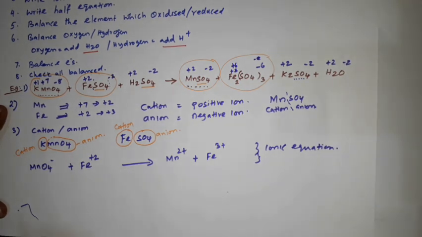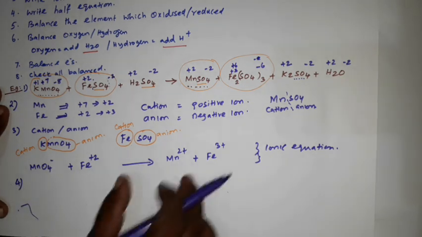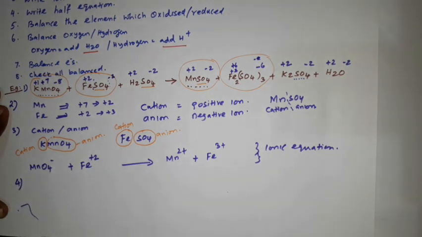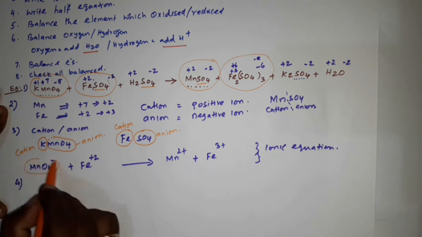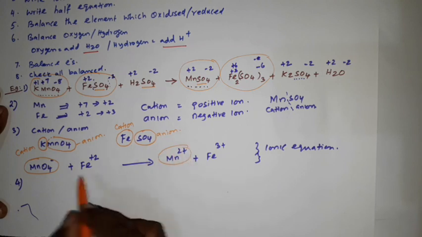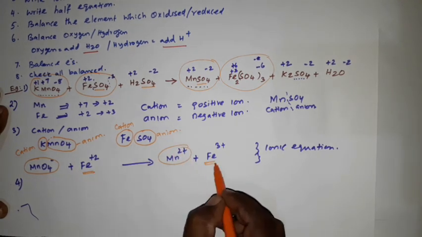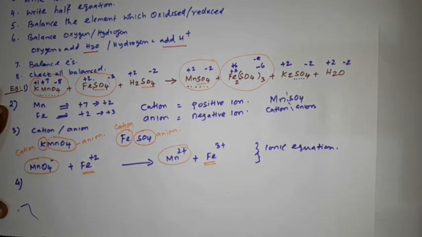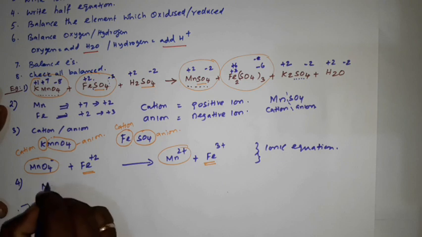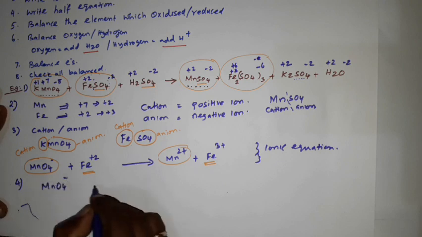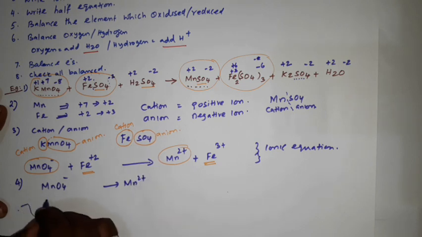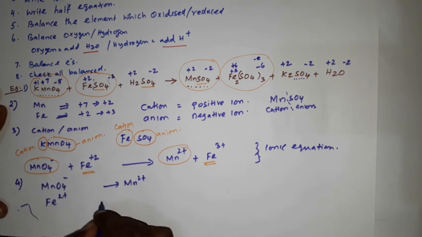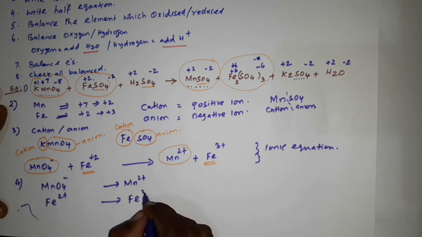In step 4 we are going to divide into half equations. Wherever manganese comes, select as one equation, and wherever iron comes, select as one equation. So MnO4 minus gives Mn2 plus, then Fe2 plus gives Fe3 plus.